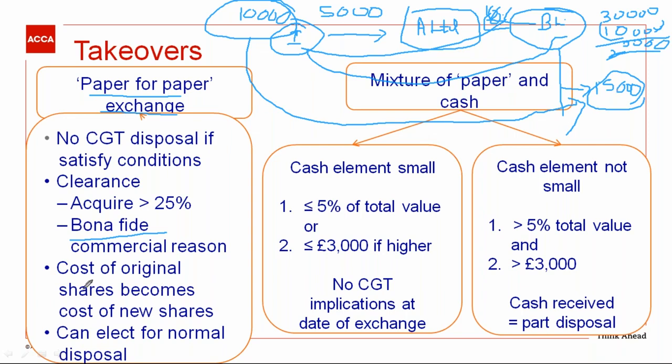So the cost of the original shares, in my example 10,000 pounds, becomes the cost of the new shares, that is 15,000 shares. However, there can be a situation where you receive mixed consideration.